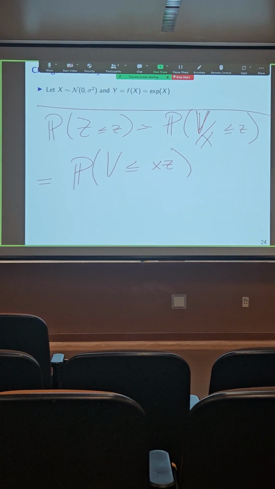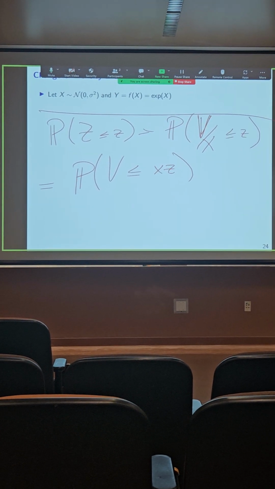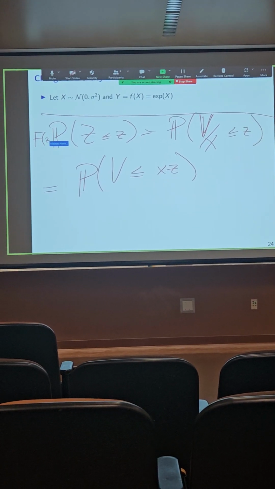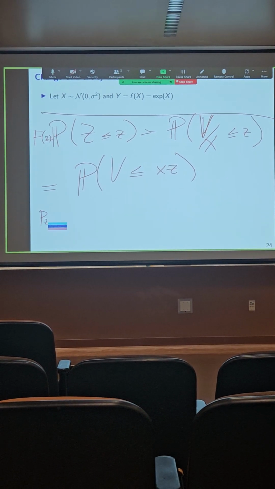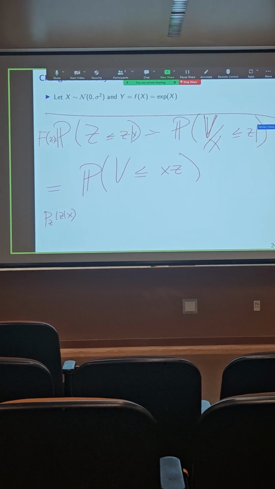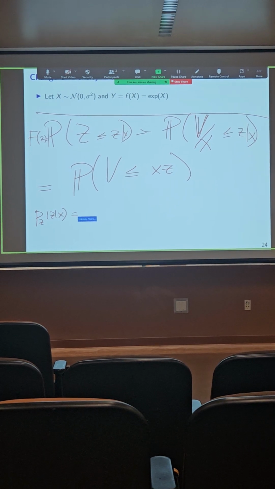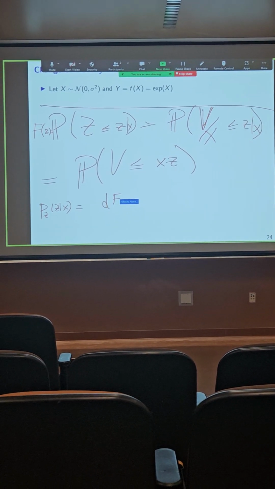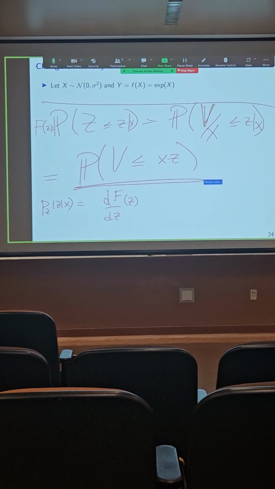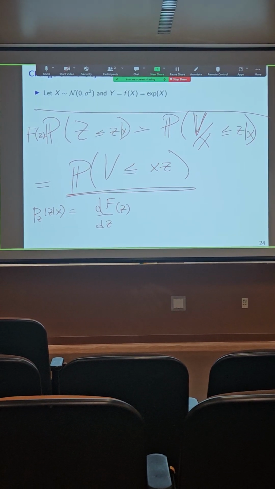So this is the CDF of v evaluated at xz. If we call this function f of z, then p of z given x, which is the function we want, is the derivative. You can plug in this way and find the derivative with respect to z. That will also give you the answer.